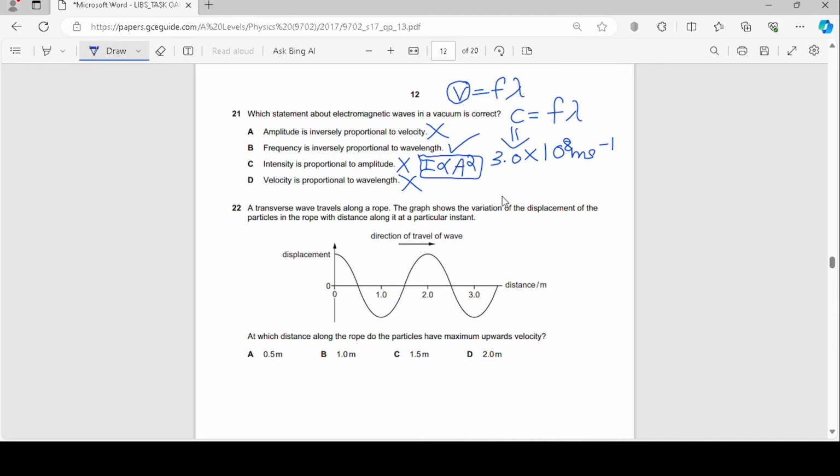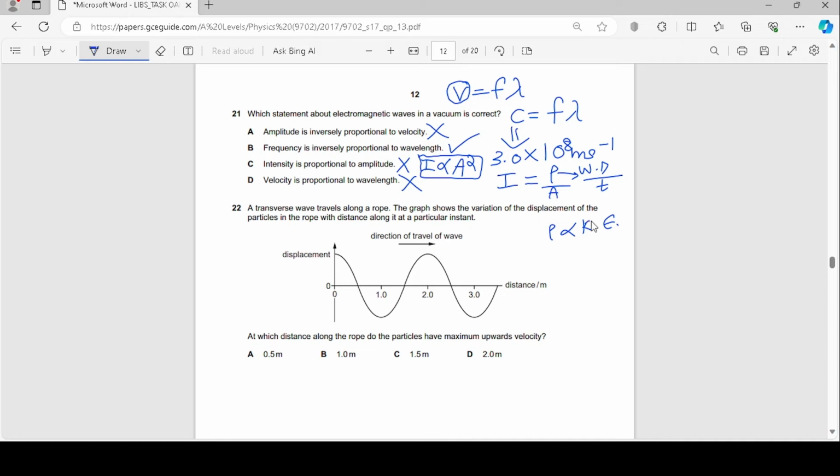But roughly how we derive it is, we know that intensity is basically the power per unit area, and then power is basically the work done per unit time, right? So then we could say that power is directly proportional to kinetic energy.